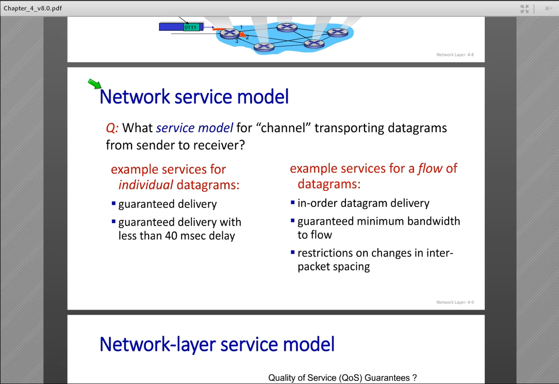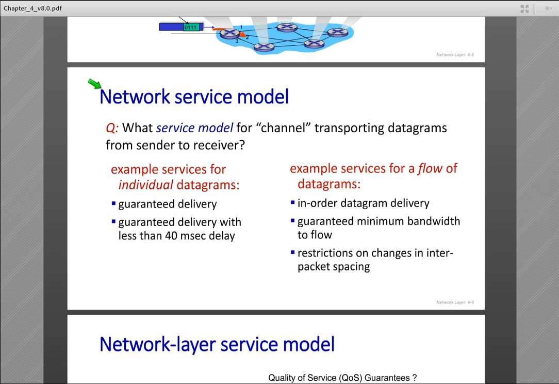This channel will try to deliver the packets or datagrams to the receiver. But maybe someone says, okay, can it guarantee this delivery, or can it guarantee the delay between the source and destination?